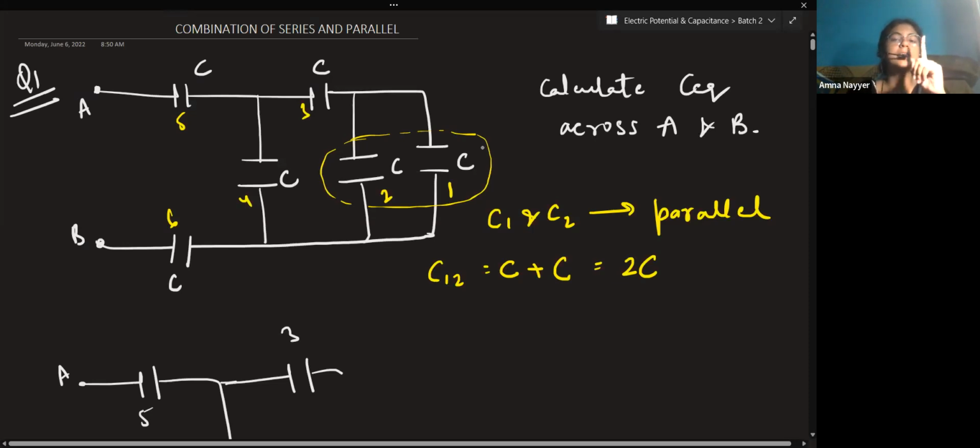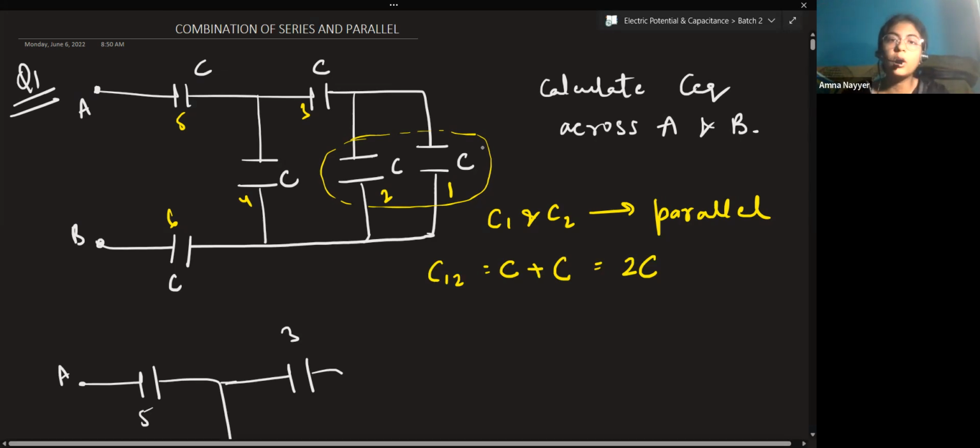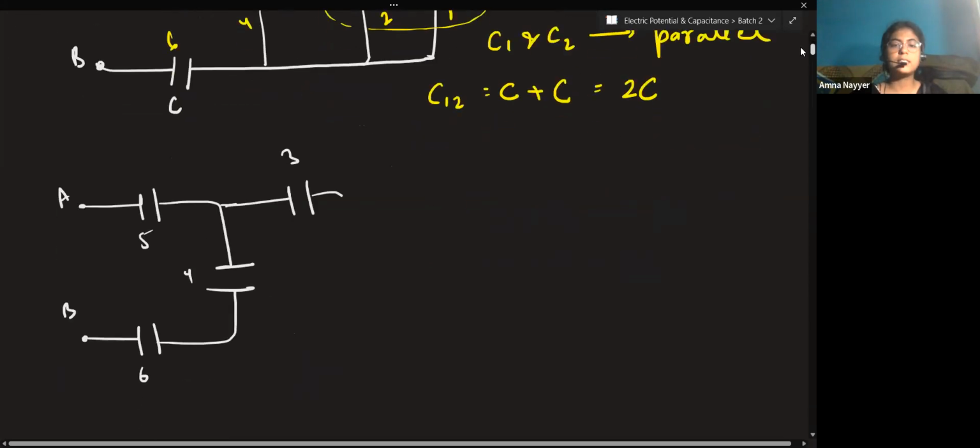We have taken out the equivalent capacitance, so we no more have C1 and C2. We have C equivalent of first and second, that I've named as C12. Instead of both of them, I'm writing a single capacitor.